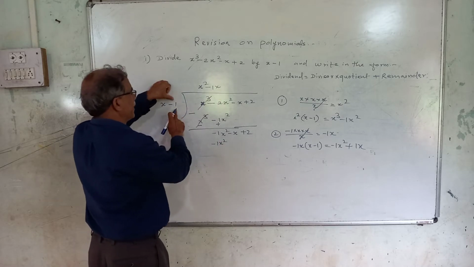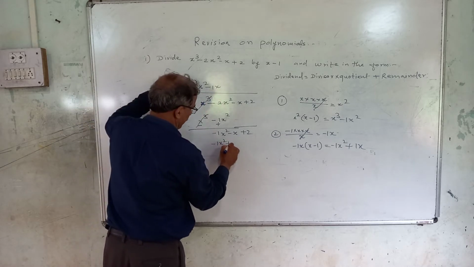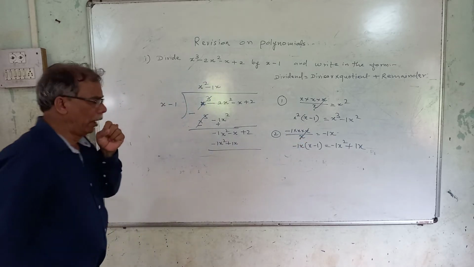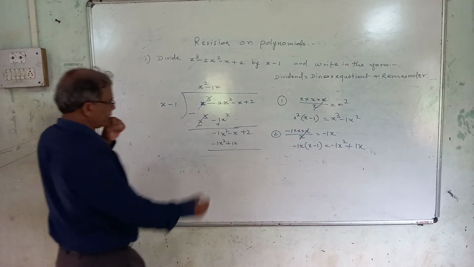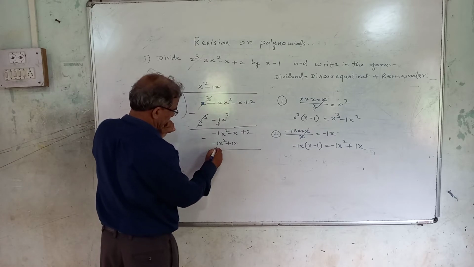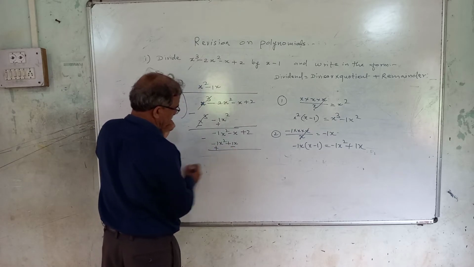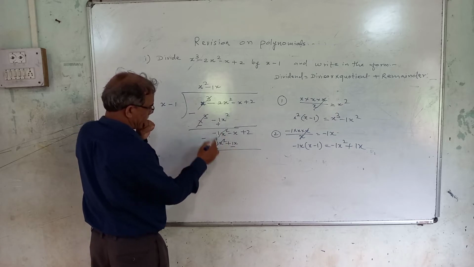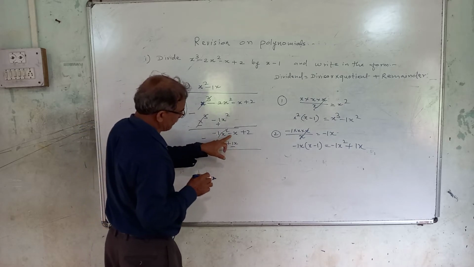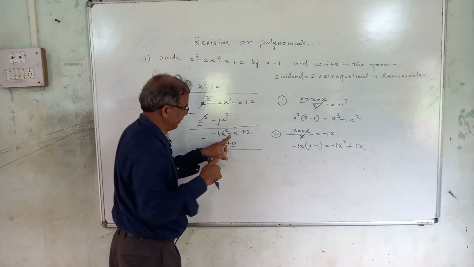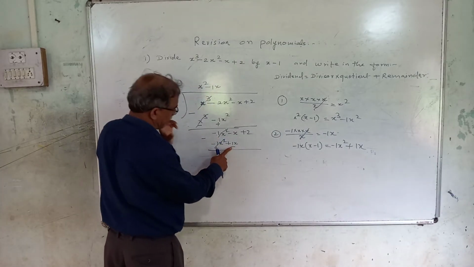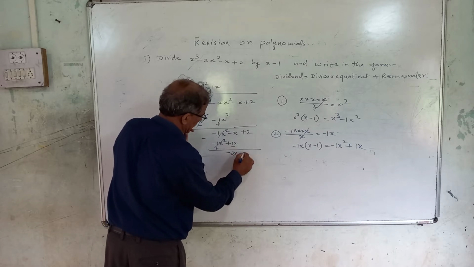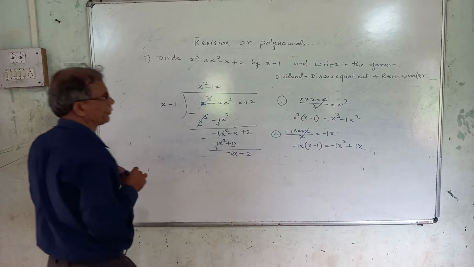Minus 1x into minus 1, minus minus plus 1x. Same. To get minus sign, this will be plus, this will be minus. Plus 1x square minus 1x square get cancelled. Now this is minus x means minus 1x. This is minus 1 and this is also now minus 1. So how much? Minus 2x. And this is plus 2.